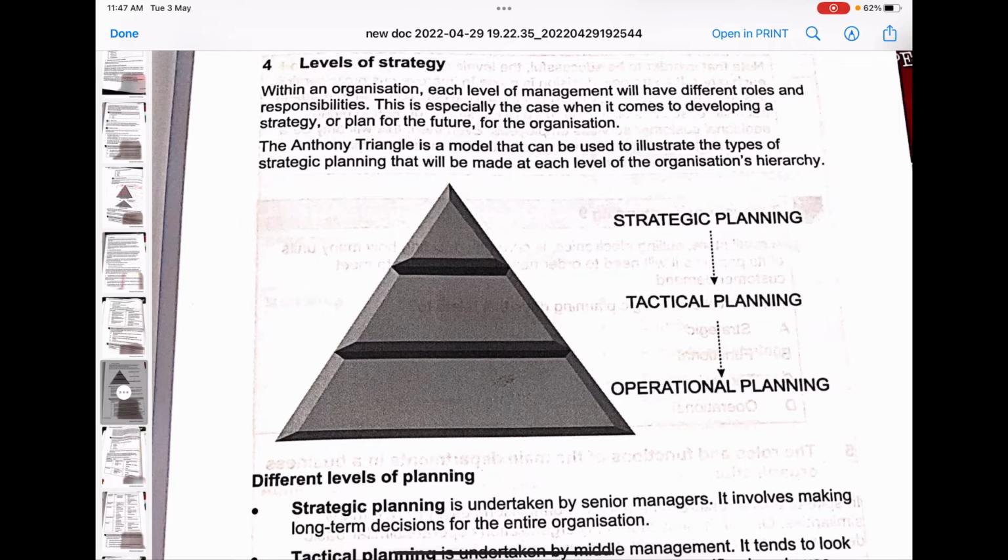Now we have product orientation. Management view is that success is achieved through producing goods and services of optimum quality. The major task is to pursue improved research and development and extensive quality control services. While customers will generally welcome a better product, this approach also has its following dangers. So, product orientation is when the ideology is focusing on the quality of the product.